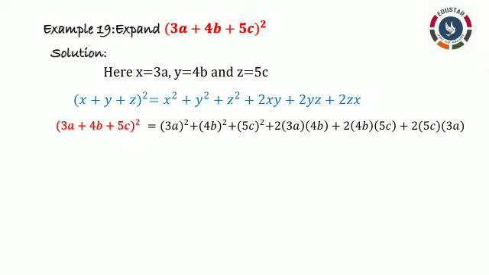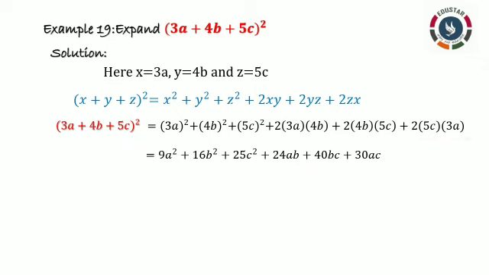Now, what is (3a)²? 9a². And what is (4b)²? 16b². And (5c)² is 25c². And 2 into 3a is 6a, and 6a into 4b is 24ab. 2 into 4b is 8b, 8b into 5c is 40bc. 2 into 5c is 10c, and 10c into 3a is 30ac.